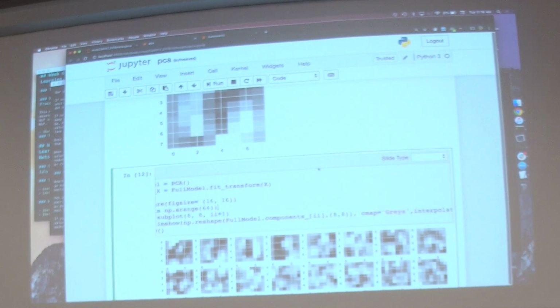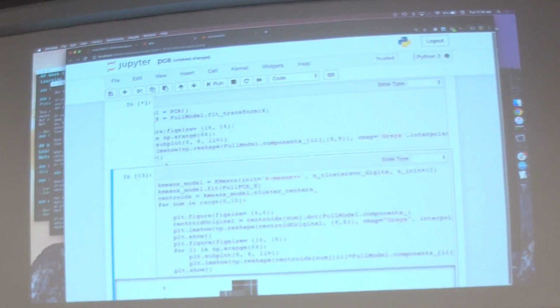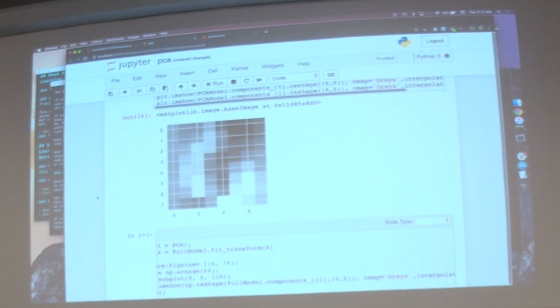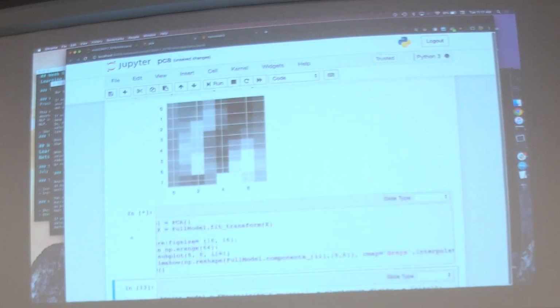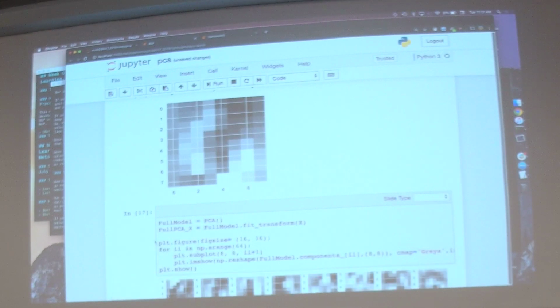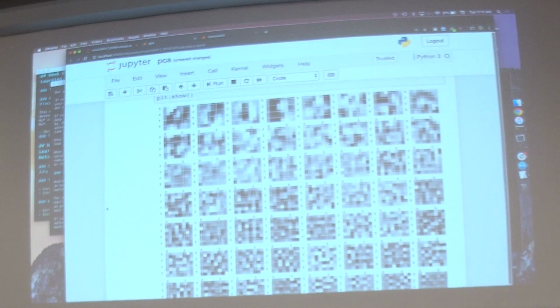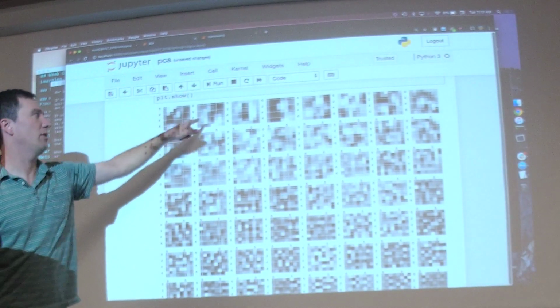So we'll see the most important all the way sorted to the least important, and it's kind of interesting what happens here. These are the two that we already saw at the top.